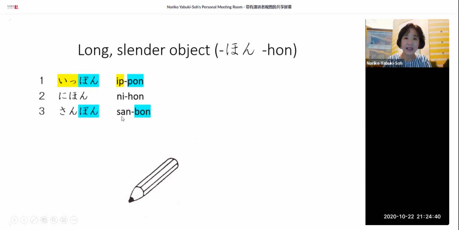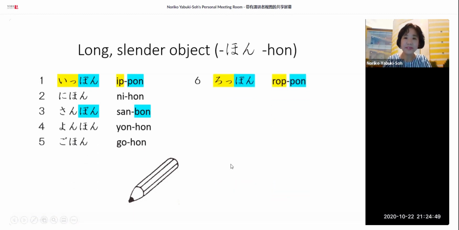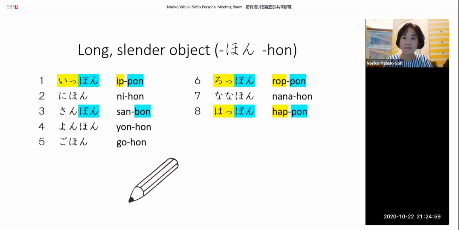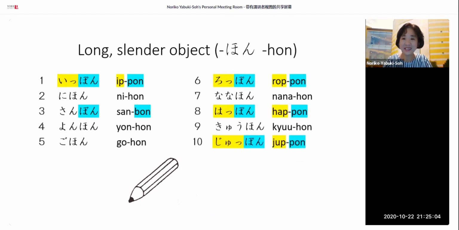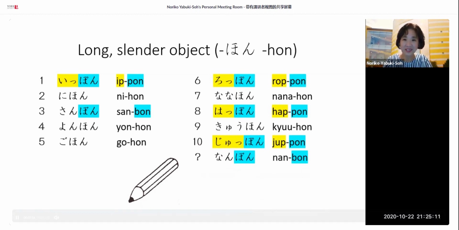In this case, the counter, the quantifier has the irregularity. Instead of hon, we say bon. 4本, 5本. And another double irregularity, 6本, 7本, 8本, 9本. And another one, 10本. And even the question word is nanbon instead of nanhon. So lots of irregularities with this one.